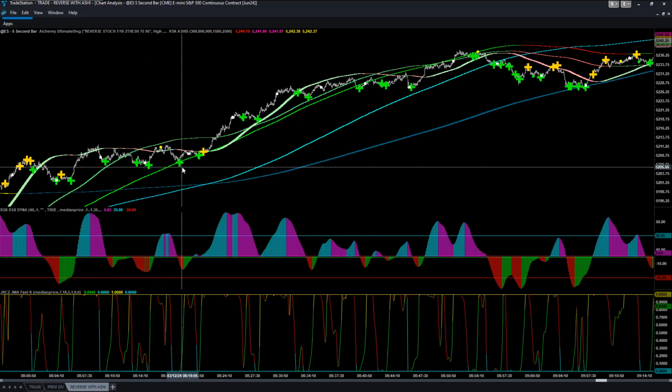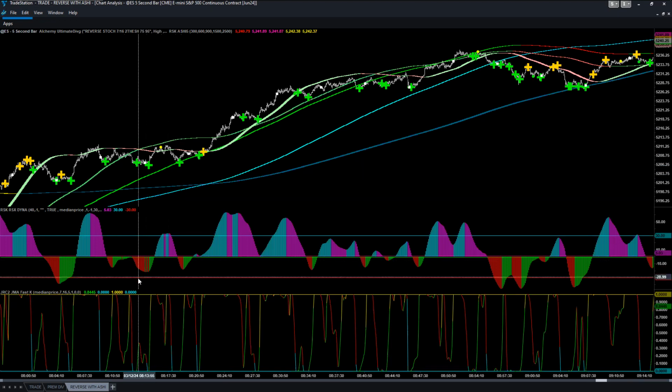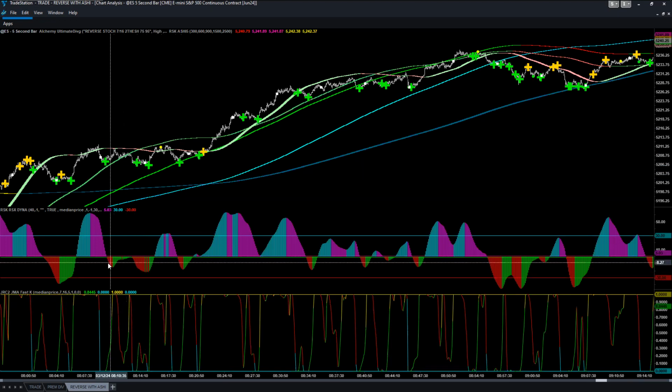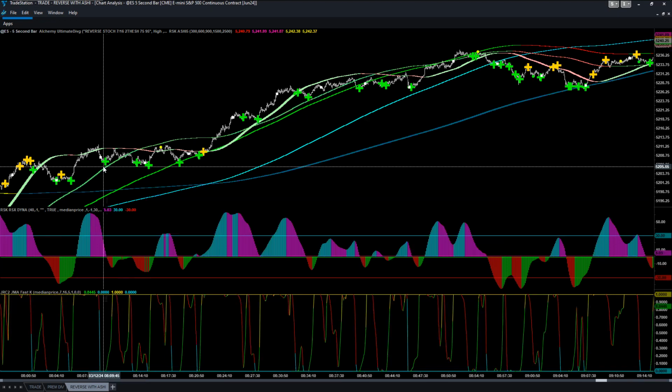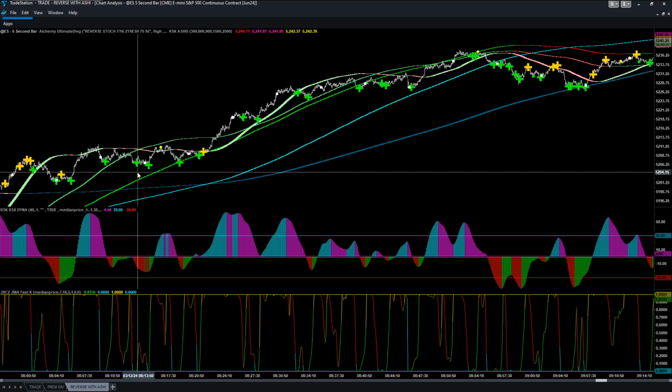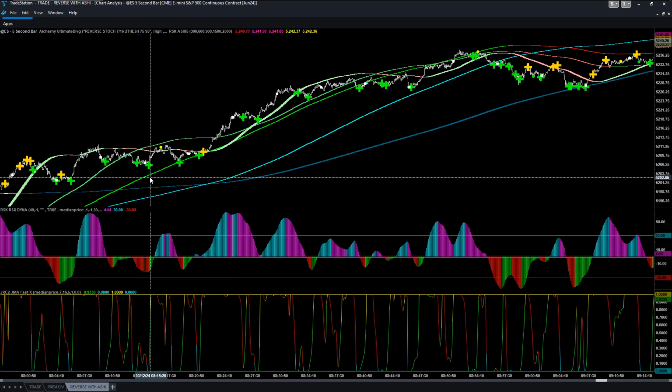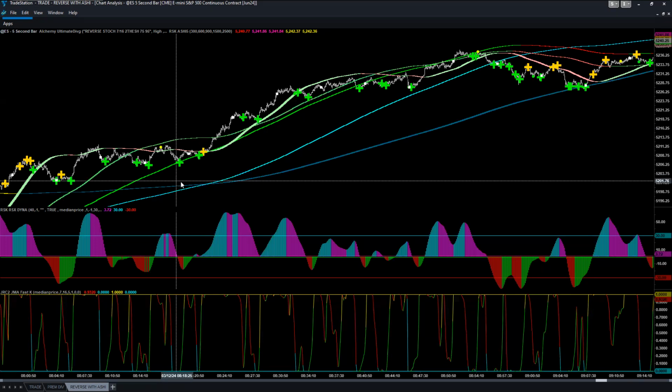So in each of these instances, what you want to do is look at where the RSX is. Here, for example, you're moving down on the RSX. That's not a good place. Here, you're also moving down. There, you're not. Here, you're not.